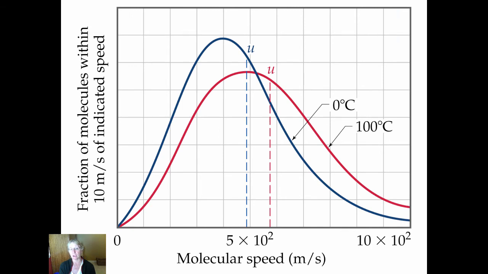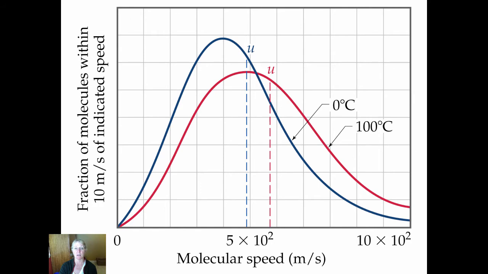So what can explain the differences in the fraction of molecules, that's the y-axis, that have a particular speed, that's the x-axis? At first you think, oh, this red bell-shaped curve is lower than that of the blue, therefore its molecules must be moving more slowly.